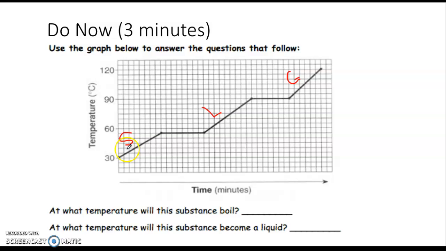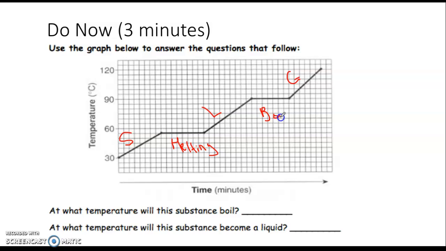And then I ask myself, how do I get from a solid to a liquid? And then I always use the example of water. So if I have ice, how am I going to get to liquid water? And I would be melting. And then when I have liquid, how do I get to gas? I would be boiling.